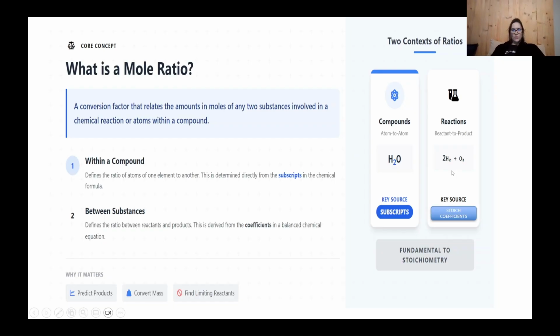So you can use this when you're relating reactants to each other, products to each other, or from reactants to products. They all have mole ratios in relationship to each other. This is definitely the foundation of stoichiometry, understanding the ratios either within a compound or between different substances in a reaction.